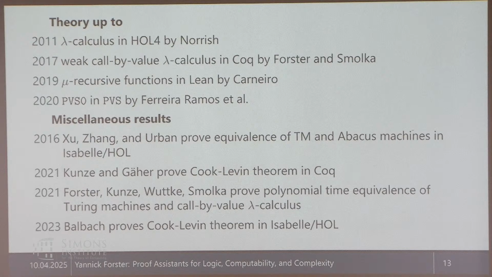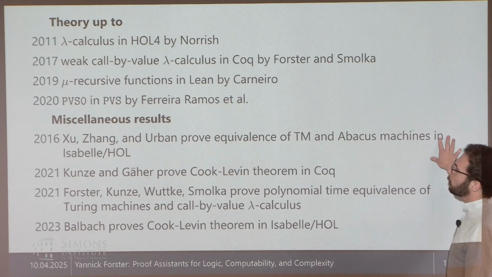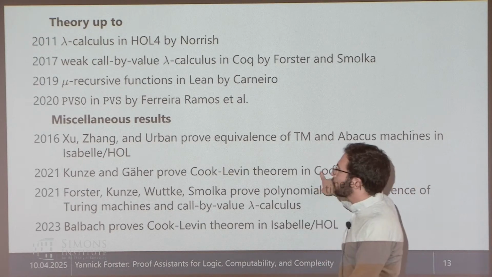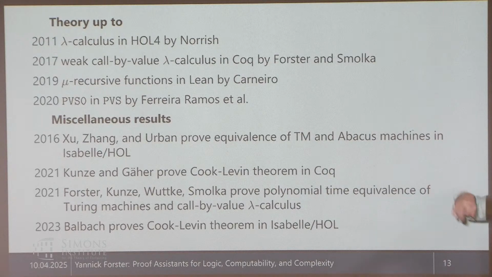And again, that is true indeed the rest of the talk, but I want to mention the many other things that have been done and the many other things that are connected here. So I mentioned before, every proof assistant has their development of computability theory. The first substantial one was in 2011, based on the lambda calculus in HOL4 by Michael Norrish.